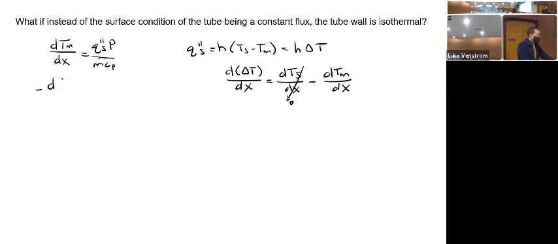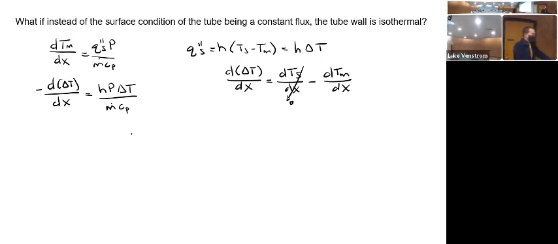So I have minus d delta T/dx is equal to, and I'm going to substitute in for the flux, Newton's law of cooling, h P delta T over m dot C sub P. I dropped my little hat, just know it's per unit mass.